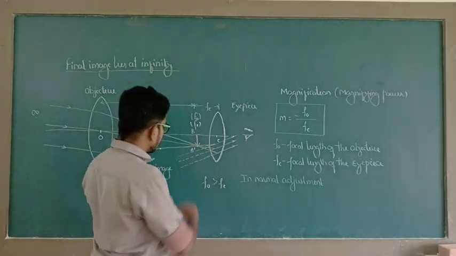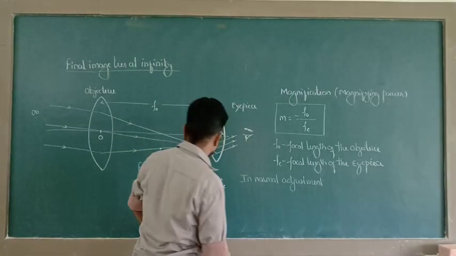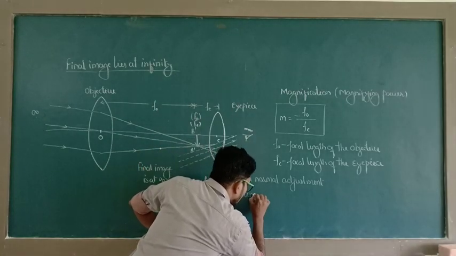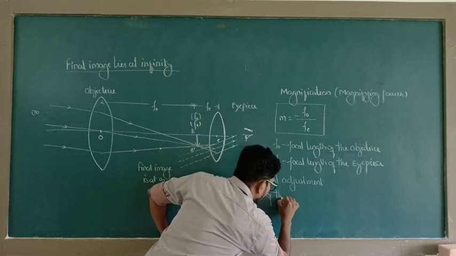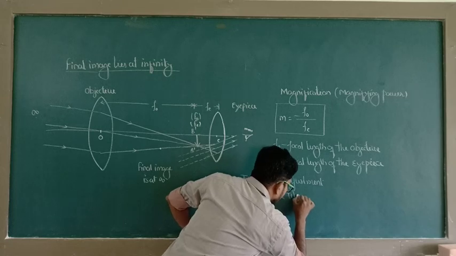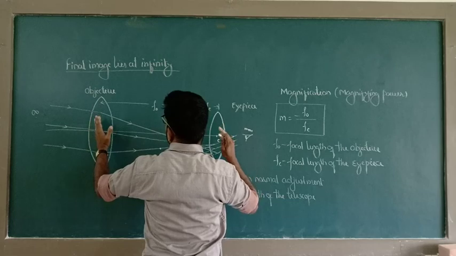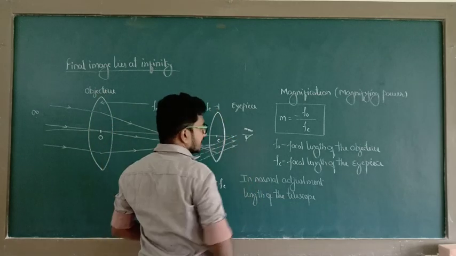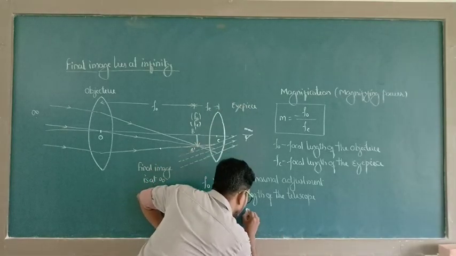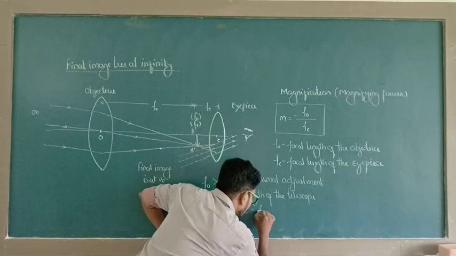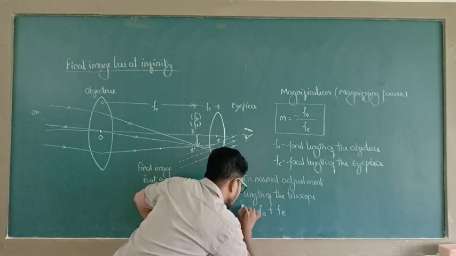Normal adjustment means the image lies at infinity. Length of the telescope, or the distance between the optical center of the objective and the optical center of the eyepiece, both are the same, is equal to the focal length of the objective plus the focal length of the eyepiece.